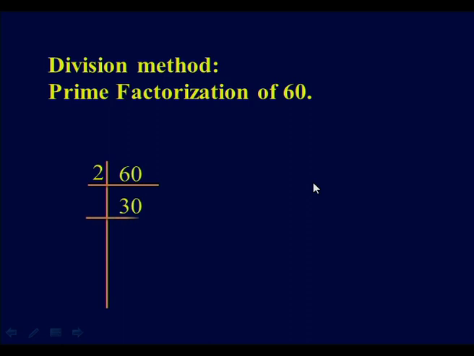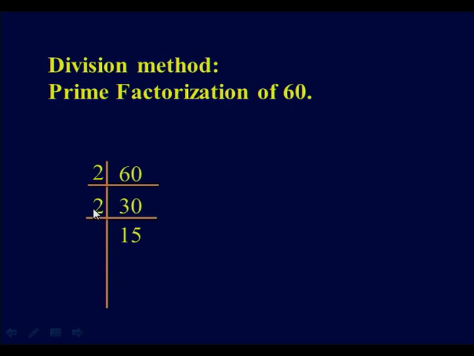Now, let us find the prime factorization of 60 by using division method. Here you can see 60 is divisible by 2. So, the first prime factor is 2. So, let us divide 60 by 2. So, 2 30s are 60. Next, if you divide 30 by 2, we will get 15.